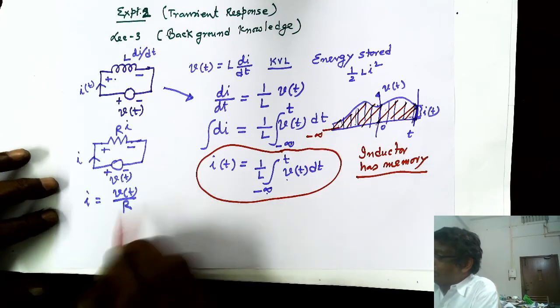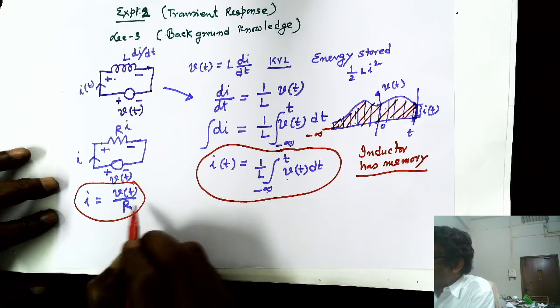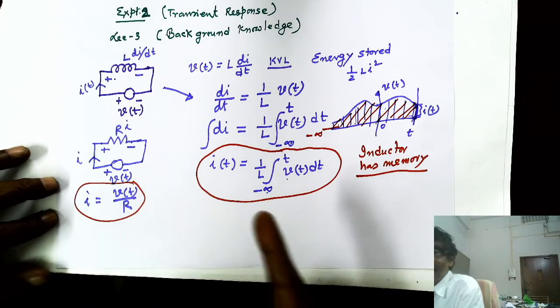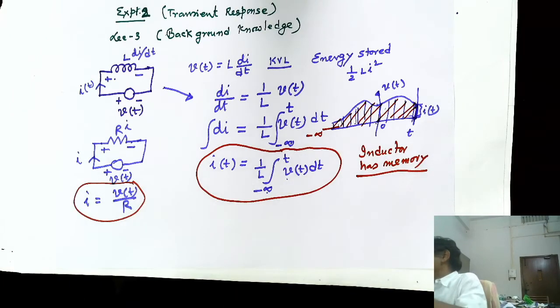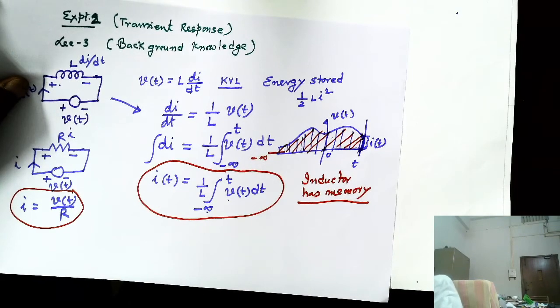This expression is similar to this in case of resistance. For resistance it is this, for inductor it is this. Now in the next slide, we will further investigate this equation and bring out one very important property of inductor.